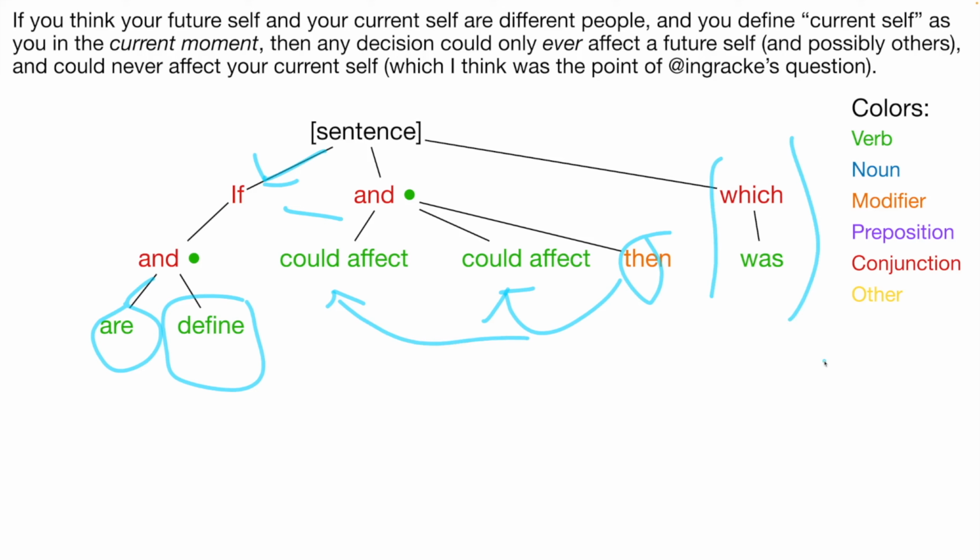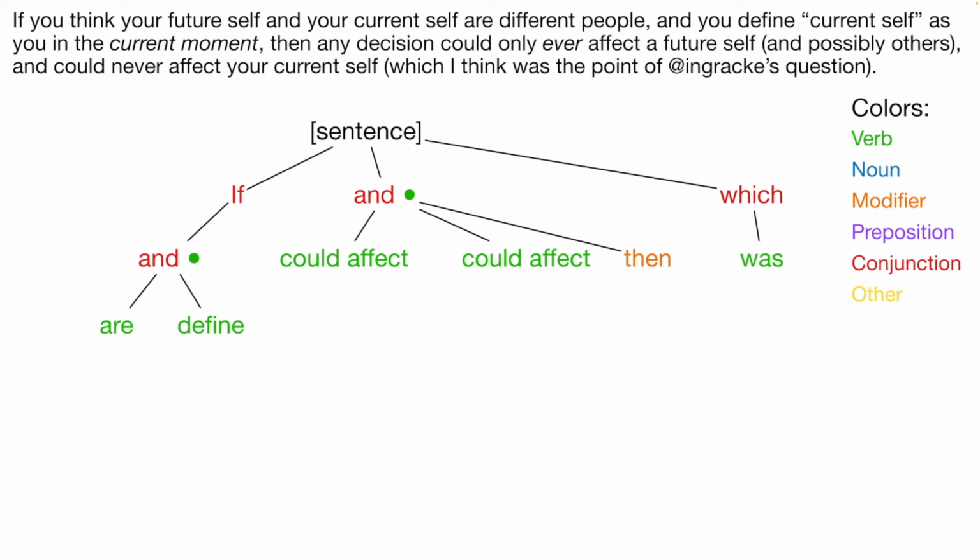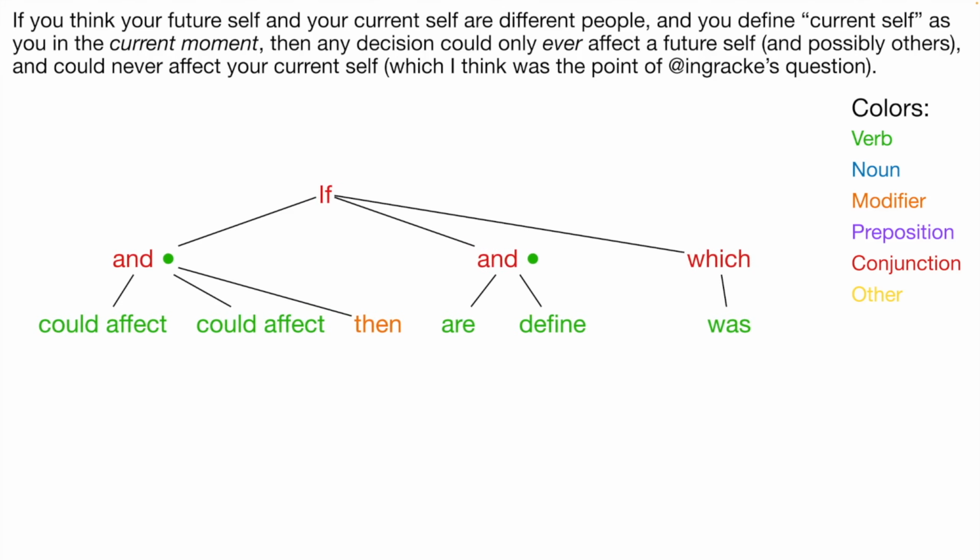So next I decided that if is a subordinating conjunction, and I will do what I usually do with those. Even though it is compound clauses for the main and subordinate clauses, I can still do my normal treatment. So I have if at the top of the tree, and then we have the main clause first, and the subordinate clause second, and in each case it is an and with a compound clause, but same basic idea.